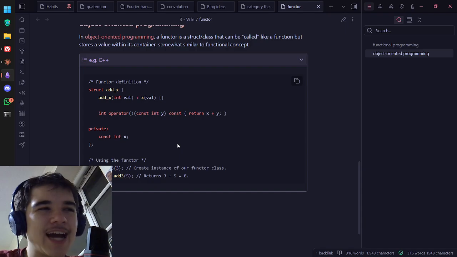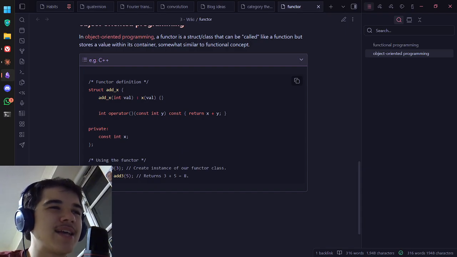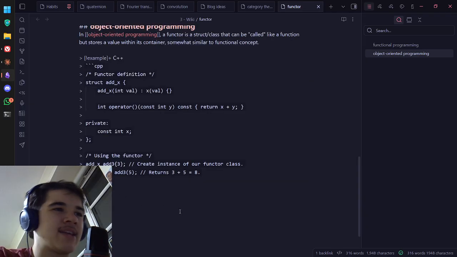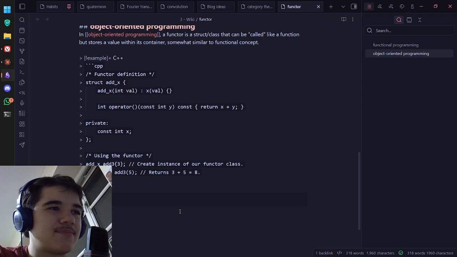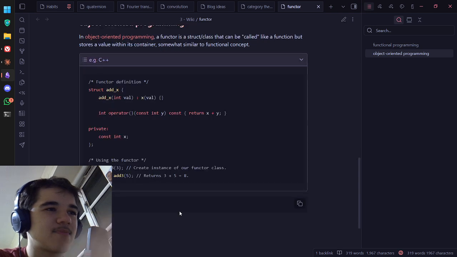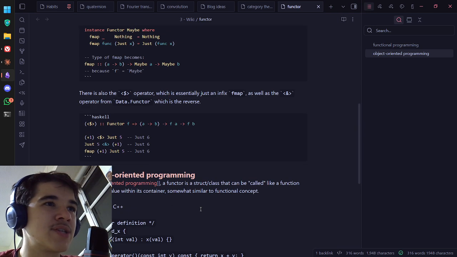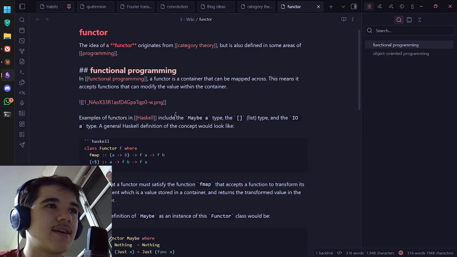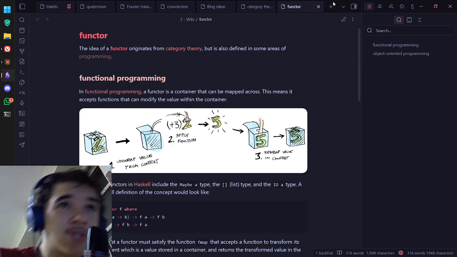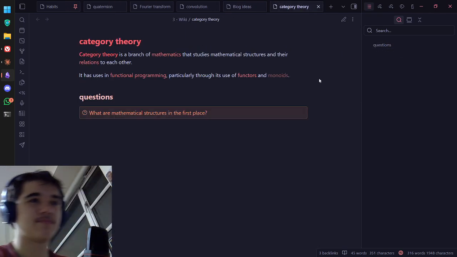It's almost a way of doing generic programming, where instead of add x, I would do something like adds 3 almost. Yeah. Anyway, not gonna look into that today, but that is interesting. Anyway, so that's what functors and things are.